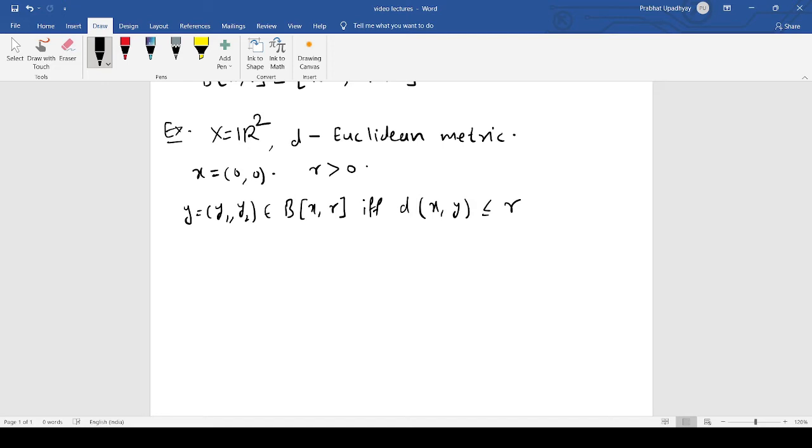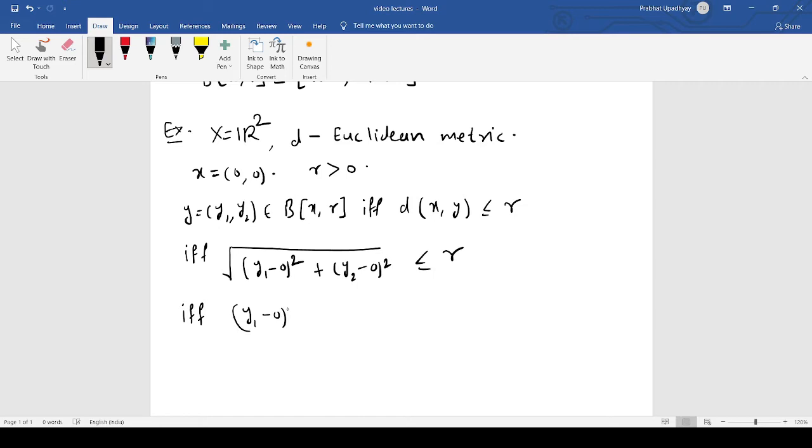But my distance is the Euclidean metric, so this is possible if and only if the square root of (y1 - 0)^2 + (y2 - 0)^2 is less than or equal to r. And then squaring, you can get this is possible if and only if (y1 - 0)^2 + (y2 - 0)^2 is less than or equal to r^2.